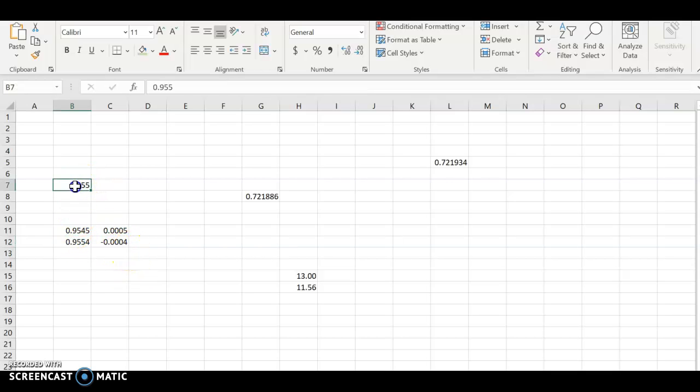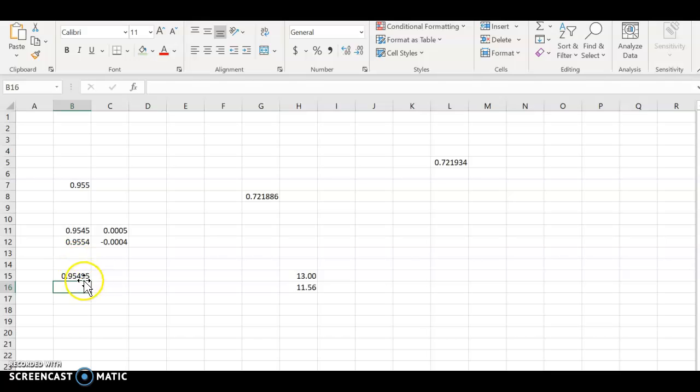So this number is almost halfway in between these two numbers. So what we could do is just average these two numbers, divided by 2.